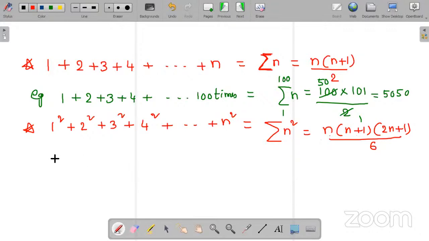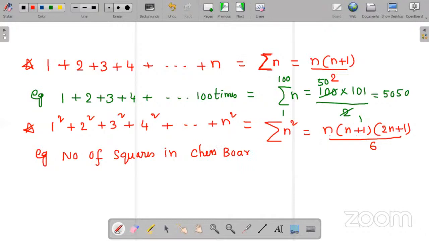Now, for example, in the previous case, the number of squares in a chessboard. We calculated it, and now we can calculate it with the help of this formula.